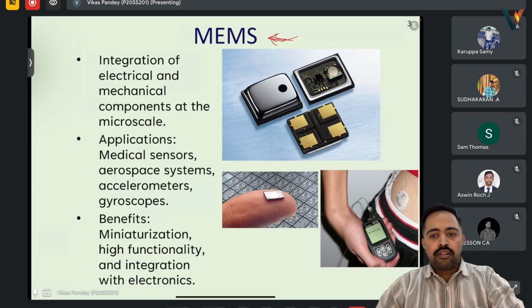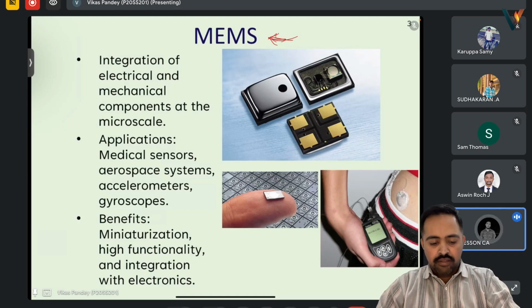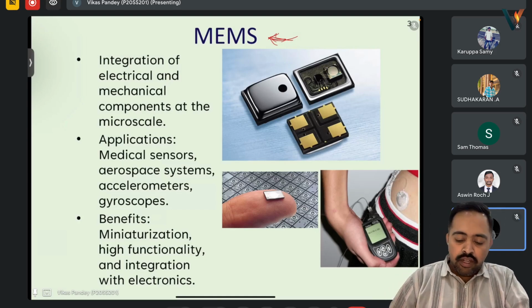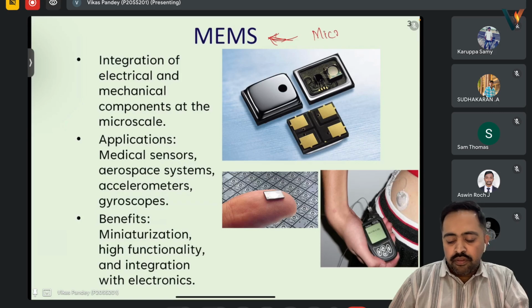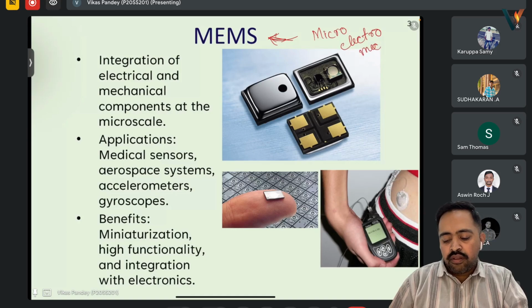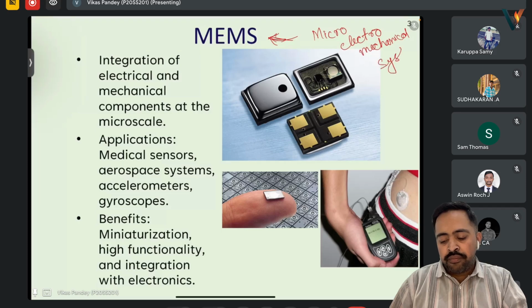Okay. Any other view on this? Sir, microelectromechanical systems. Great. Microelectromechanical systems.